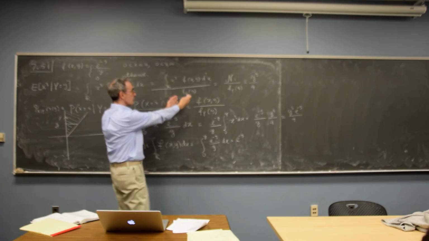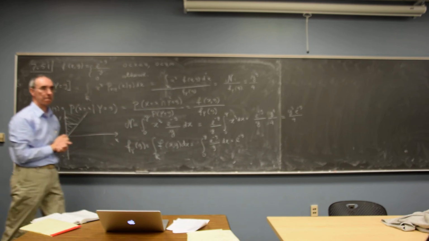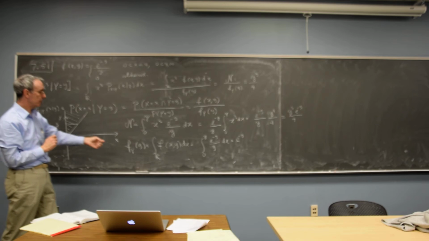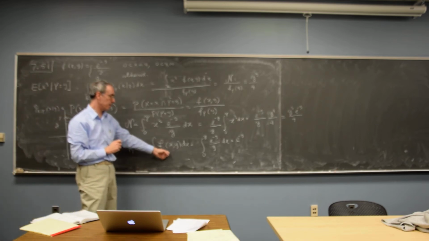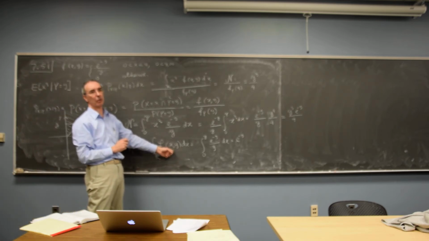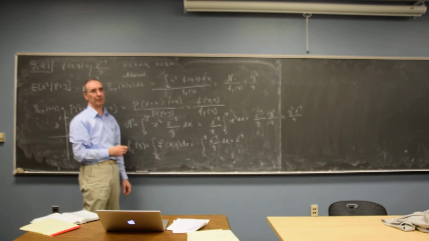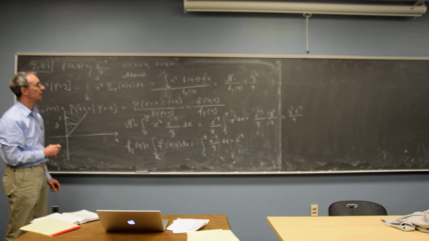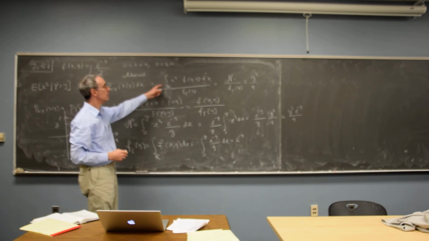Because this quantity is not a function of x. When you integrate over x, x is just a dummy variable. It's not something that appears explicitly. In the numerator, the bound is from 0 to y.